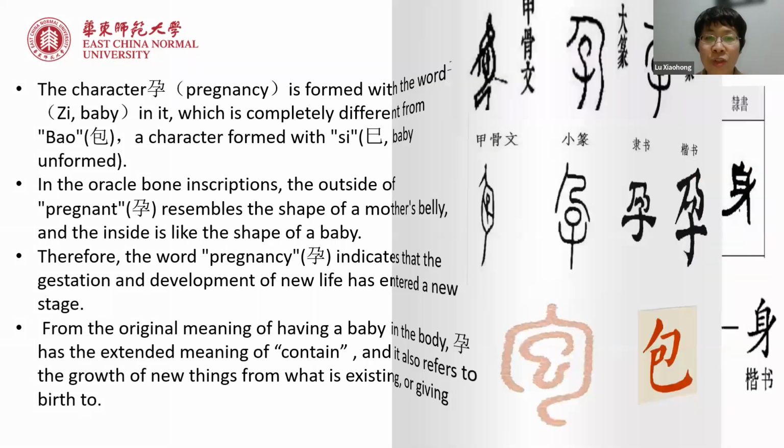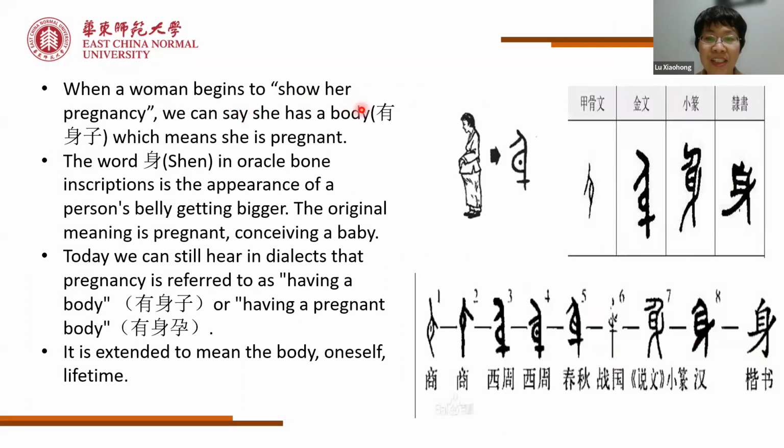Now, when a person begins to show her pregnancy, we can say that she has a body. In Chinese, 有身子, which means she is pregnant. The word 身, in oracle bone inscription, is the appearance of a person's belly getting bigger.